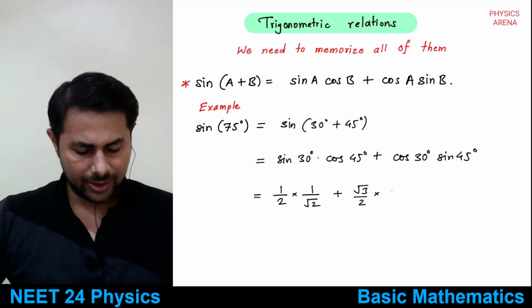Now if you divide this whole thing by cos square theta, you get cos square theta by cos square theta, that will be 1. Sine square theta by cos square theta is tan square theta, and 1 divided by cos square theta is sec square theta, or secant square theta. So you have 1 plus tan square theta equal to secant square theta.